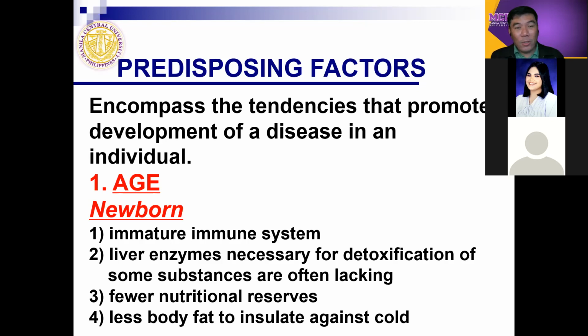So aware na tayo na we have the measures that are unified as intervention sa newborn care kasi these are the predisposing factors. Okay? So if we will not perform those care management sa baby, the baby could be predisposed to infection, predisposed to liver problem, predisposed to nutritional deficiency, and predisposed to problem with temperature regulation.